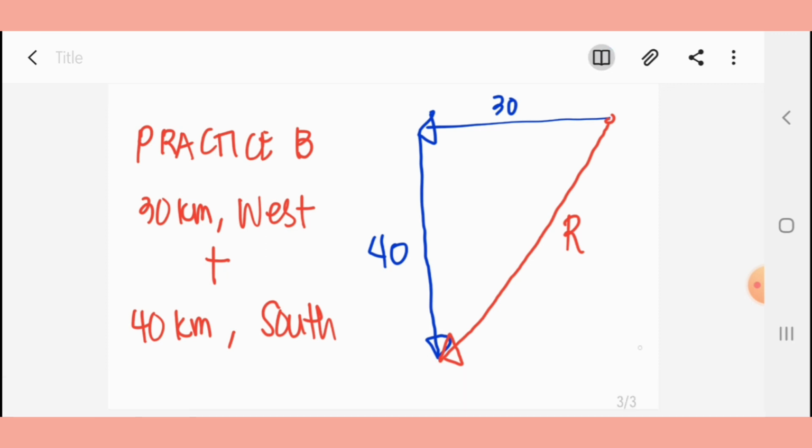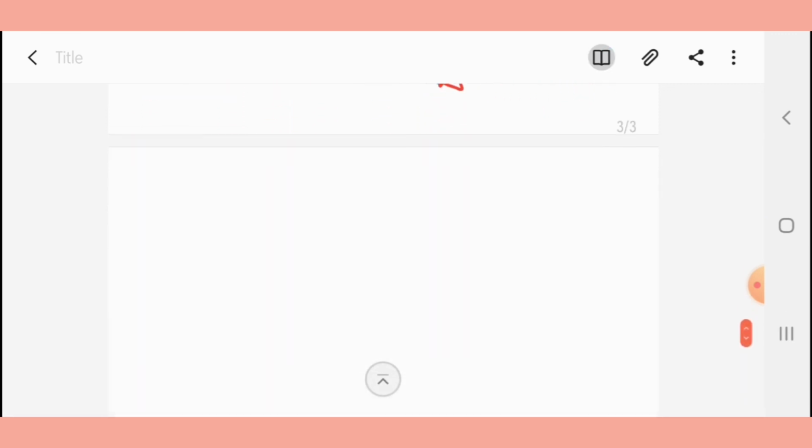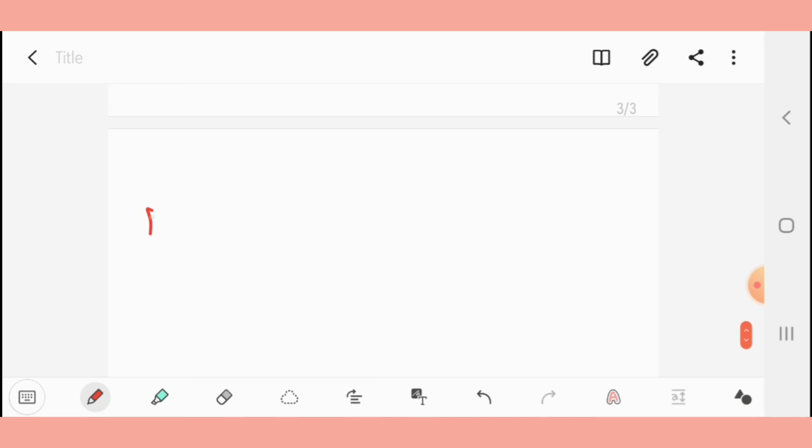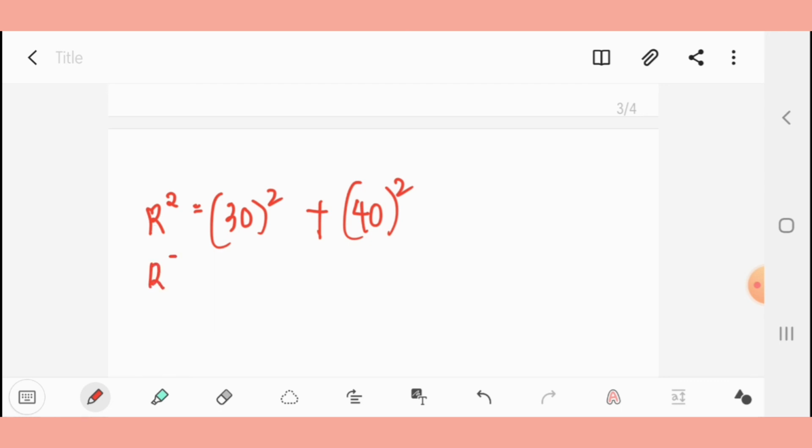Now let's find out the resultant using the Pythagorean theorem. R squared is equal to 30 squared plus 40 squared. R squared is equal to 30 squared, which is 900, plus 40 squared, which is 1,600.